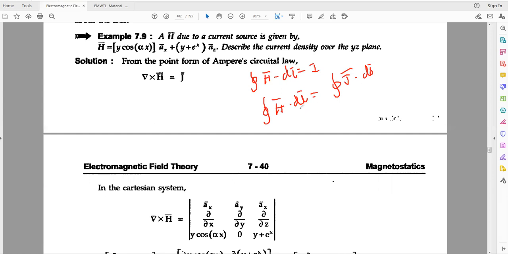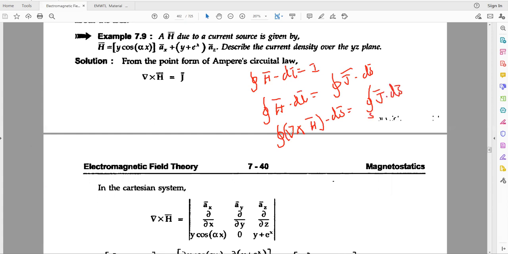When the line integral is converted to a surface integral, we can apply the cross product: integral del cross H bar dot DS bar is equal to integral J bar dot DS bar.